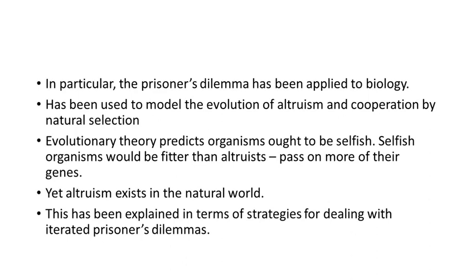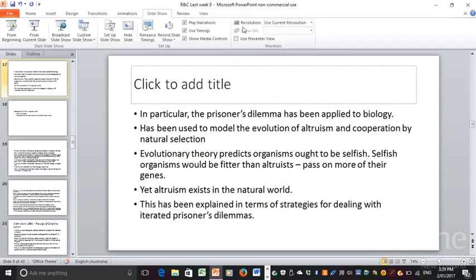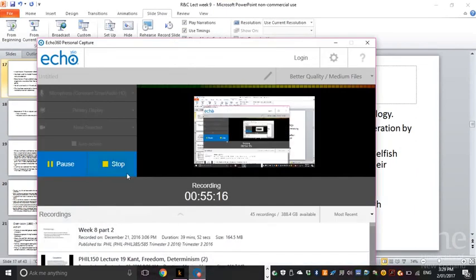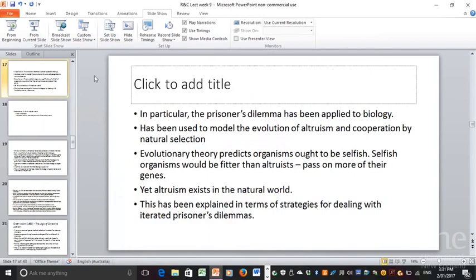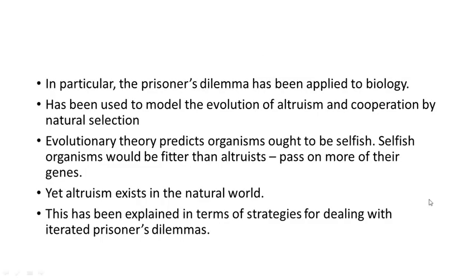So we want to know how fit a particular phenotypic trait is in contexts where there are other examples of that trait, and in contexts where there aren't many examples of that trait. Certain traits will do well in a population with lots of other examples of that trait, and some will do badly in that situation. Some will do well when the trait is quite rare, and others will do badly when it's rare.